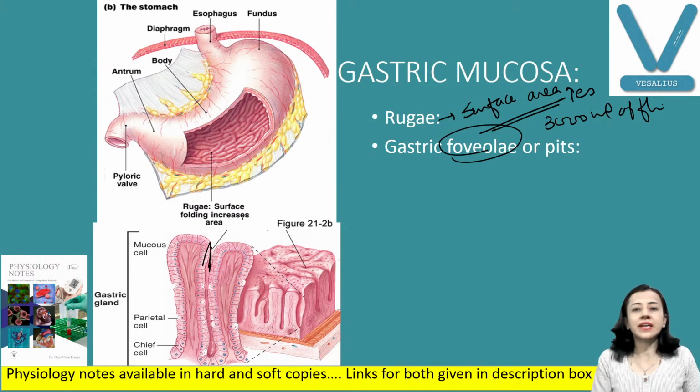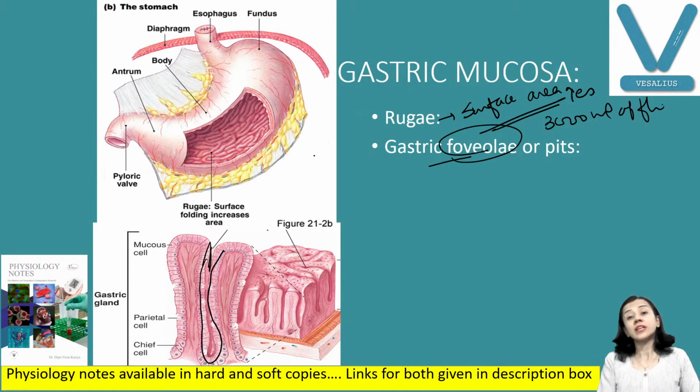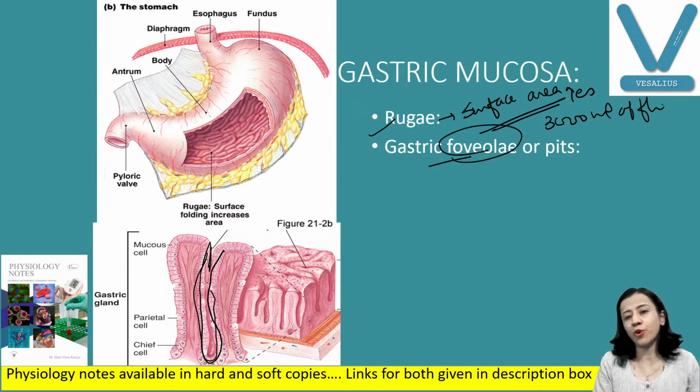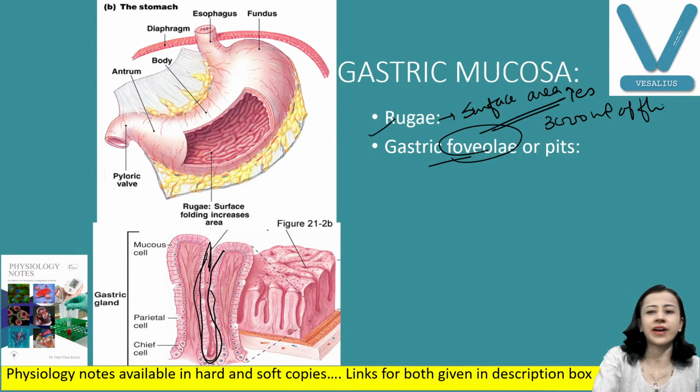These pits are known as gastric foveoli or pits, and these are the openings of the gastric glands. This is the gland. So glands are different, and rugae are also different. Rugae are foldings of the mucosa, and glands are a modified type of epithelium, modified for secretion.